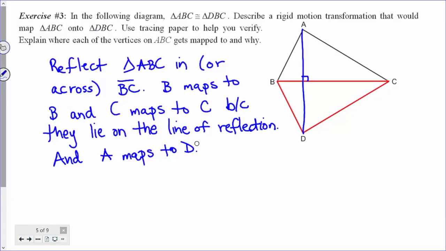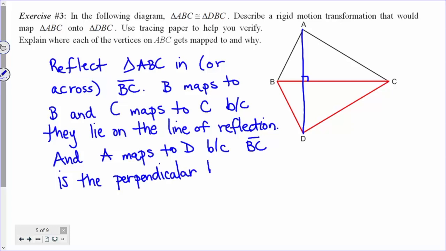So actually, let me throw that in here. Because BC is the perpendicular bisector of AD.